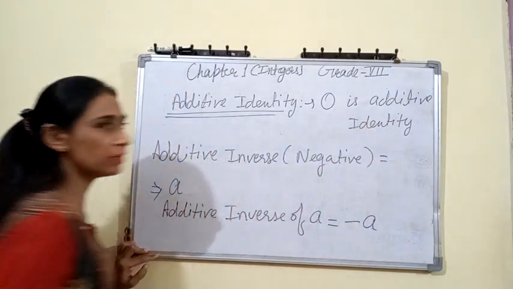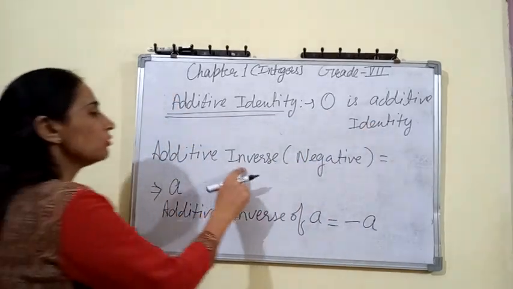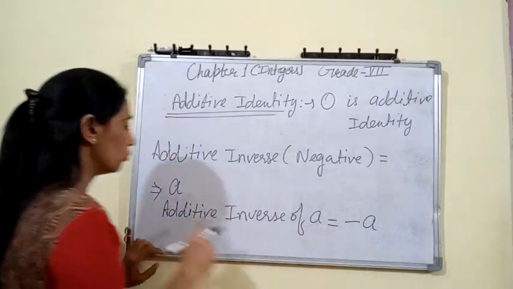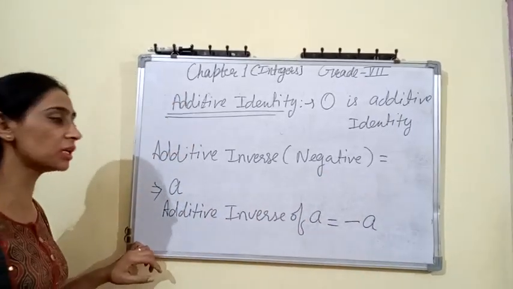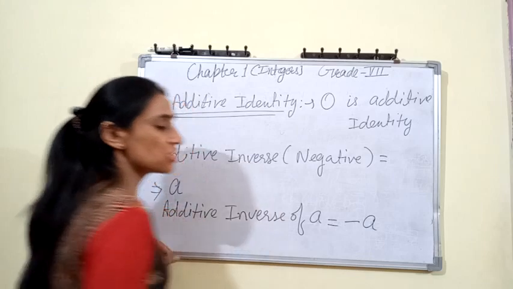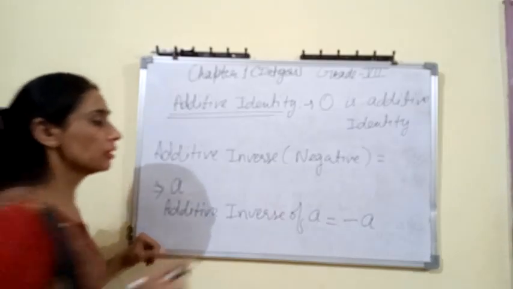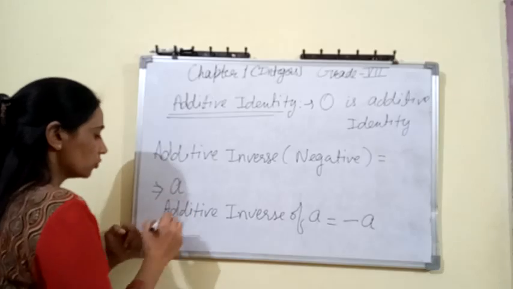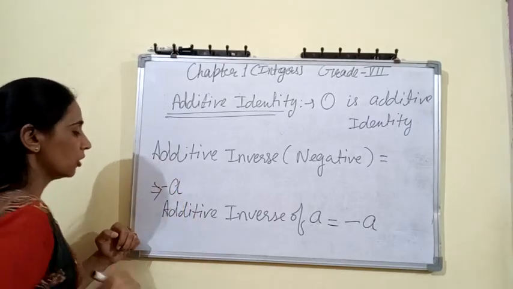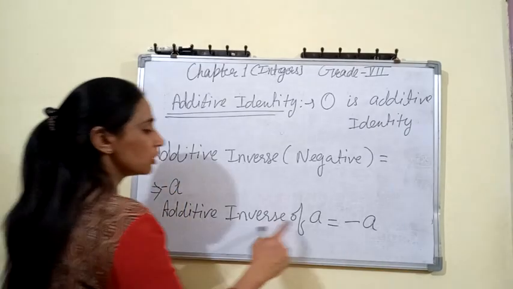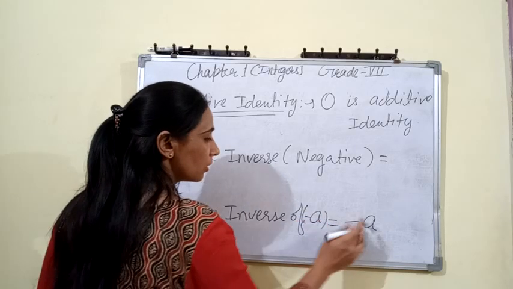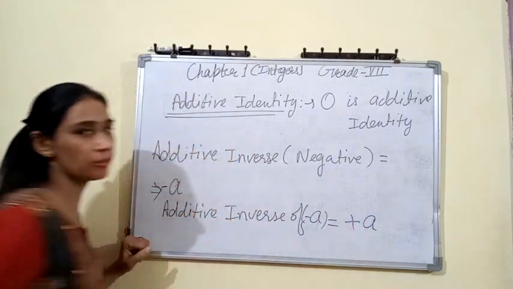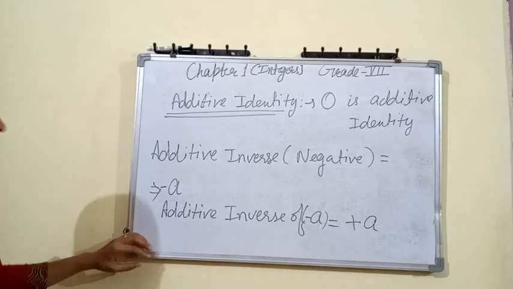0 is our additive identity, and the additive inverse, or we can say negative, of any number means we just change its sign. If that number is positive, the answer will be negative. Suppose you have minus A, what will be the additive inverse of minus A? That will be plus A, just the sign changes.